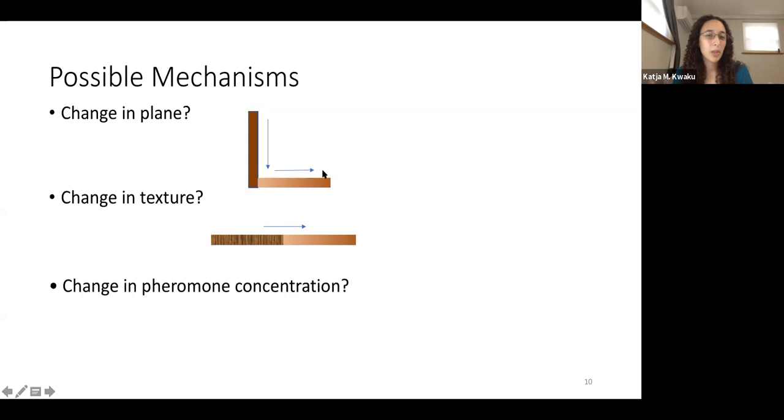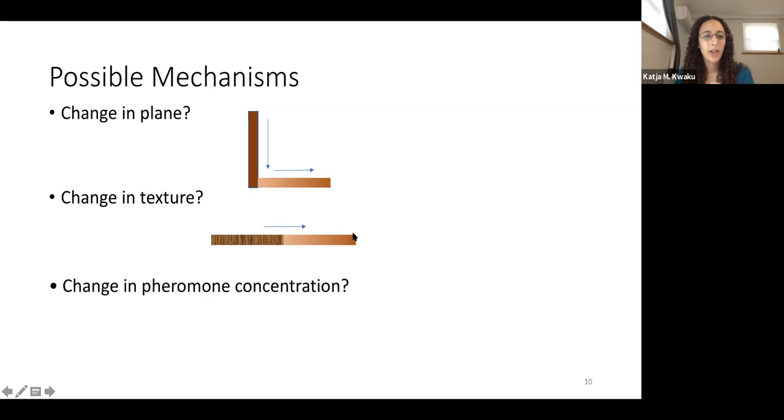This is plausible because previous studies have shown that ants can detect changes in trail slope or gradient. But they could also be detecting the change in texture, so going from the bark of the tree to the soil on the ground. This is also plausible because previous studies have shown that ants can probably detect changes in texture just like this.